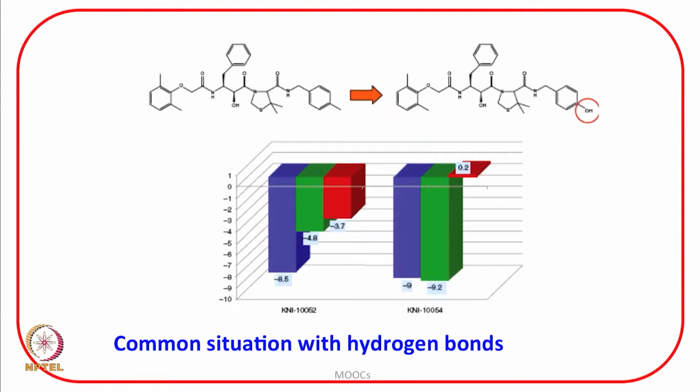Now, let us take a look at what is the effect of addition of a polar group, a common situation with hydrogen bonds. The difference between these two is only that the methyl group has been replaced by a hydroxyl group here. Hydroxyl group, which is a polar group, can establish hydrogen bonds when introduced into the binding cavity.